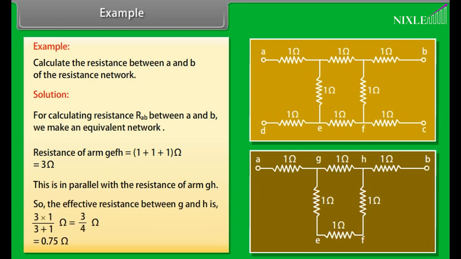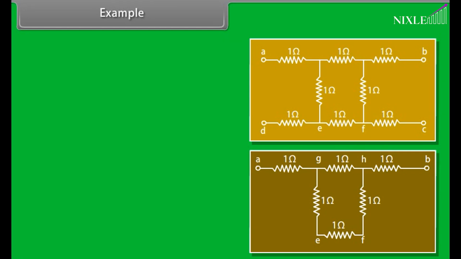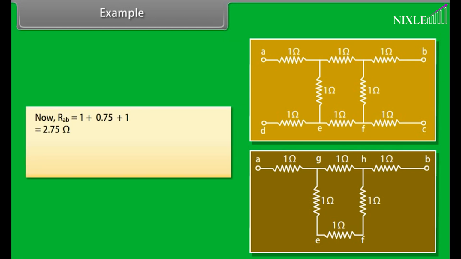So, the effective resistance between G and H is equal to 0.75 ohm. Now, RAB is equal to 1 plus 0.75 plus 1 is equal to 2.75 ohm. Hence, the effective resistance between A and B is 2.75 ohm.